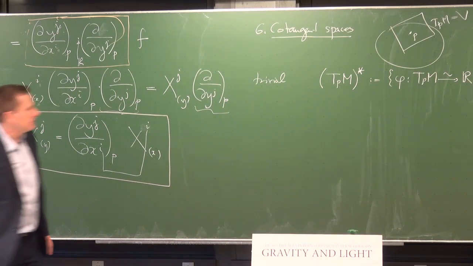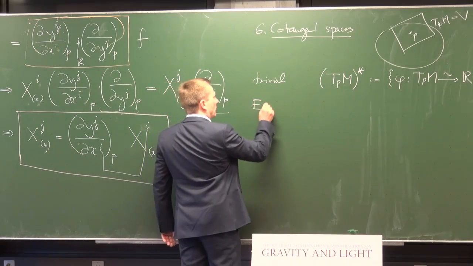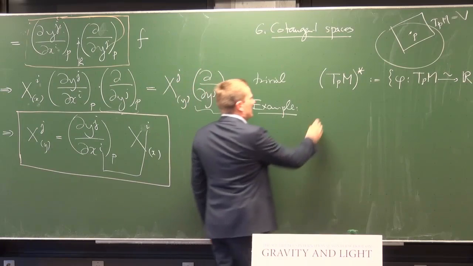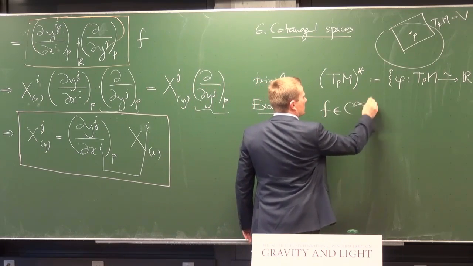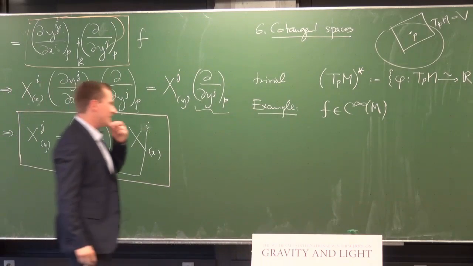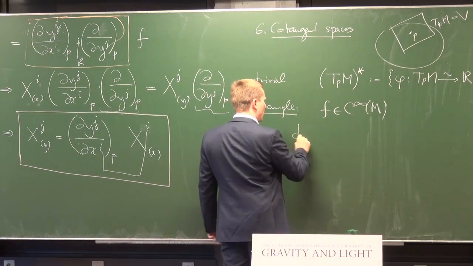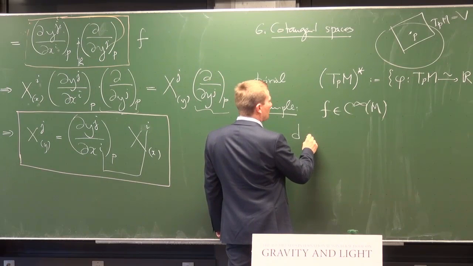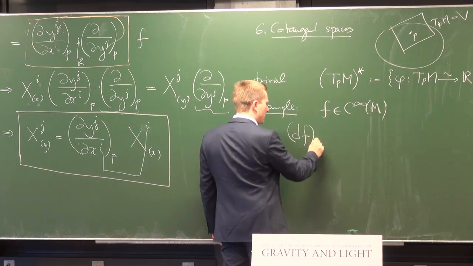Now the point is, it's simple and straightforward, but are there any objects we're interested in that lie in it? Yes, there are. Imagine you have on your manifold a smooth function, say a temperature distribution. Then you can define the following object, df at the point p.